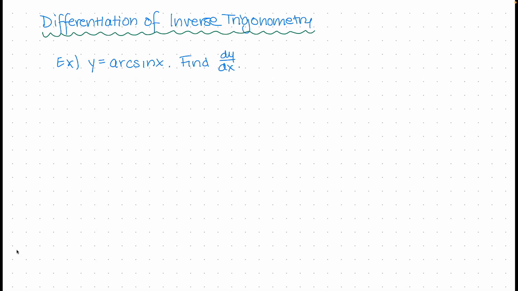So if y is equal to arcsine x, then we know that x is equal to sine of y. And then we can take the derivative of both sides using implicit differentiation. So I'm going to write this on the side so that we see it for our notes. Use implicit differentiation.